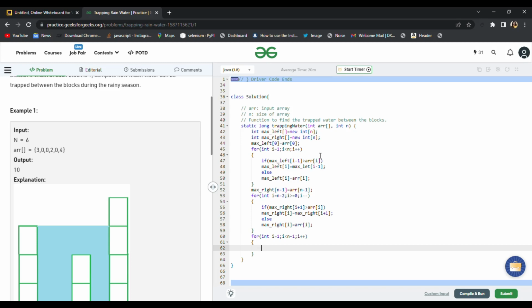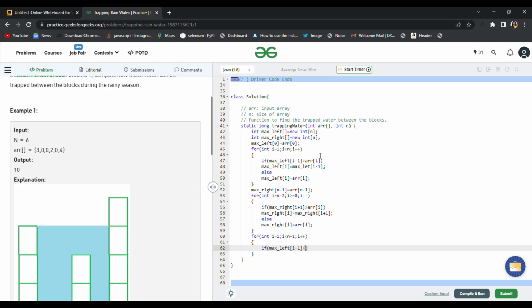The reason you already know, I have repeated it many a times in this video, because the first and the last block cannot be filled with water. Why? Because it doesn't have the boundaries. In order to fill a block with water, we need to have boundaries on both the sides, right?